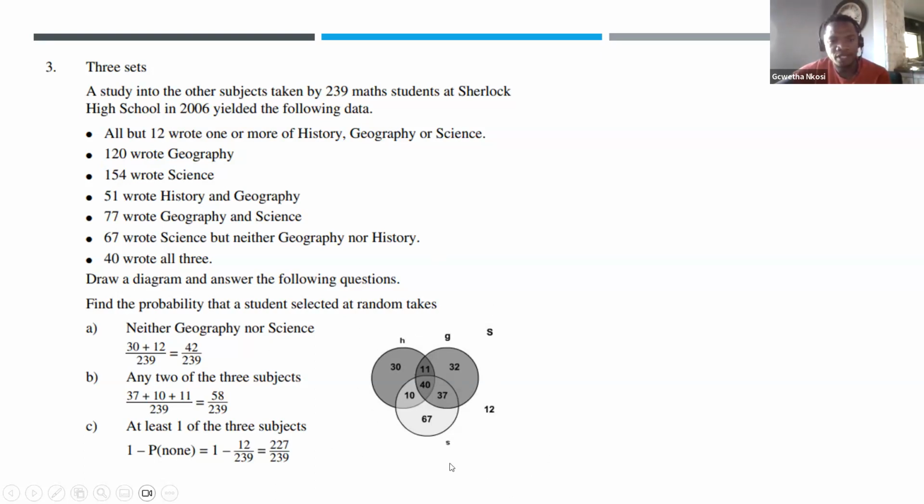It has been filled. Now they are asking you a question. Find the probability that a student selected at random takes neither geography nor science.